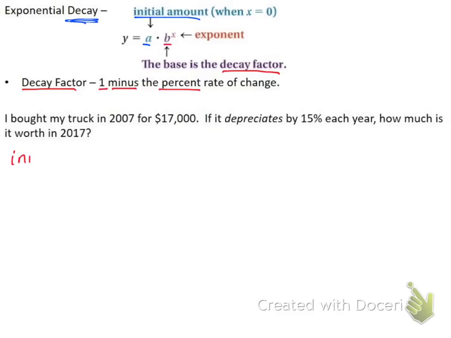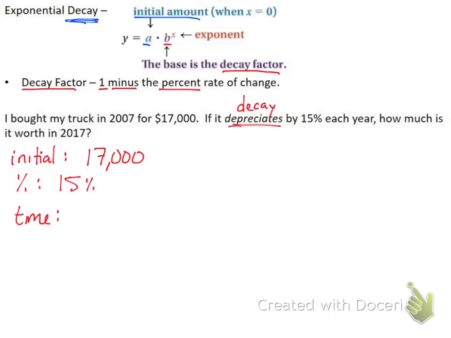So in this problem, I'm still setting it up the same way: initial amount, my percentage, and then the time that goes by. So I bought my truck in 2007 for $17,000. It's depreciating. Depreciate means decay, or it goes down. So it decays by 15% each year, which is 0.15.